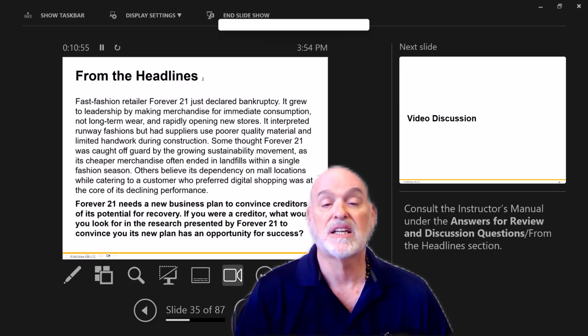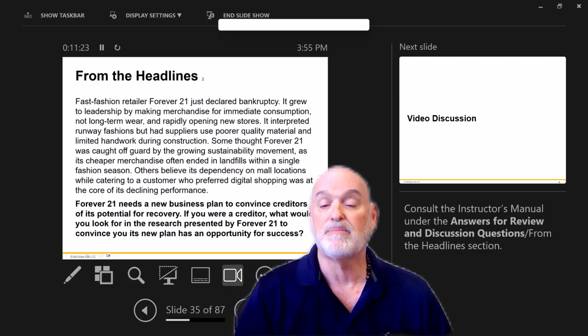Fast fashion retailer Forever 21 just declared bankruptcy. It grew to leadership by making merchandise for immediate consumption, not long-term wear, and rapidly opening new stores. It interpreted runway fashions but had suppliers use poorer quality material and limited handwork during construction. Some thought Forever 21 was caught off guard by the growing sustainability movement, as its cheaper merchandise often ended in landfills within a single fashion season.